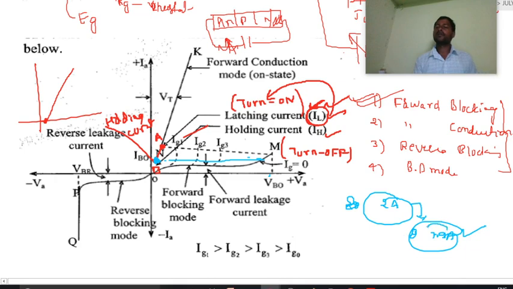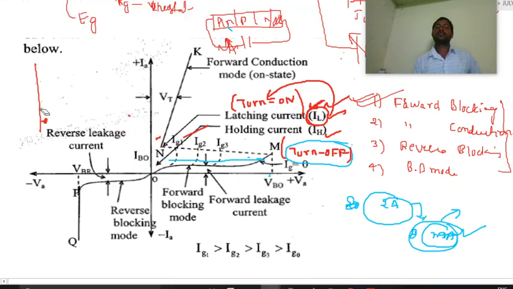So this is the current below which the SCR fails to conduct. Such a current is nothing but the holding current. This current is related with the turn off process of SCR.